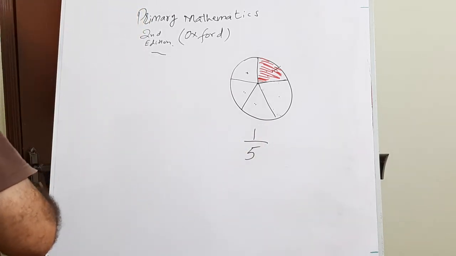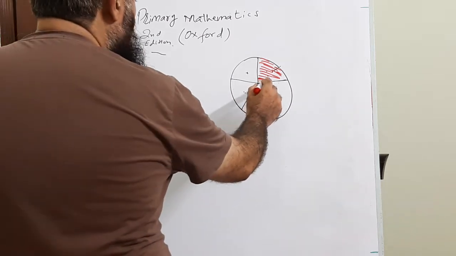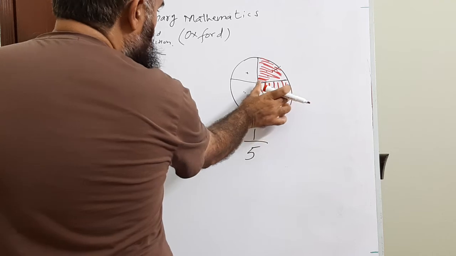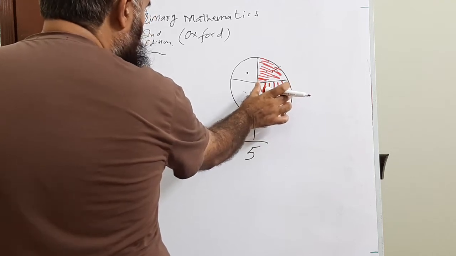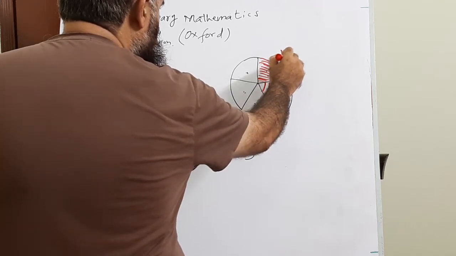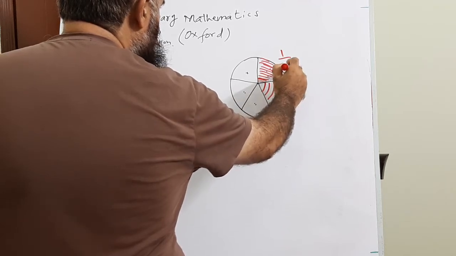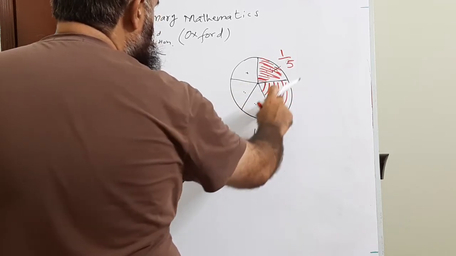Now when another part is shaded, this part alone is also 1/5, because this is one part shaded and total parts are 5.